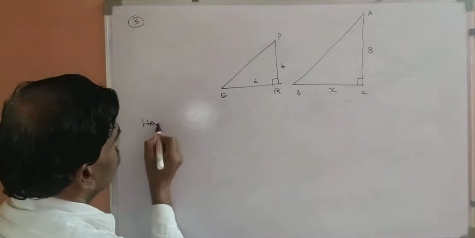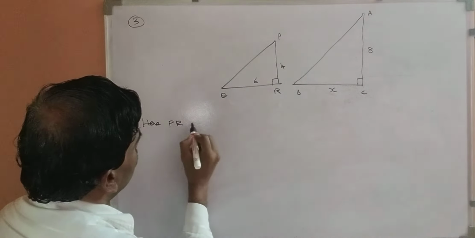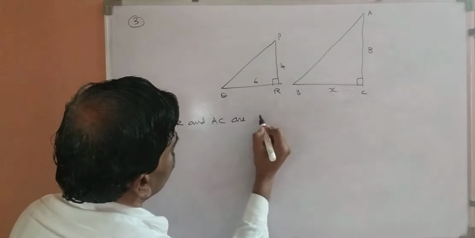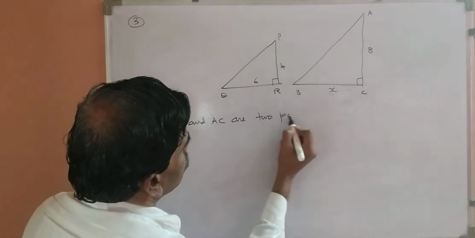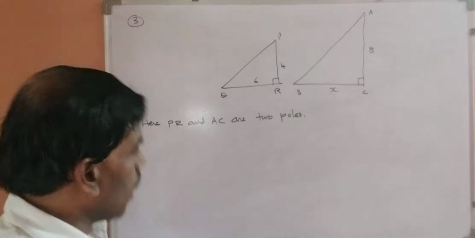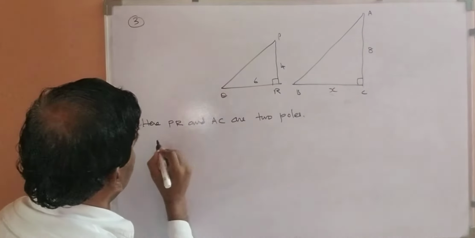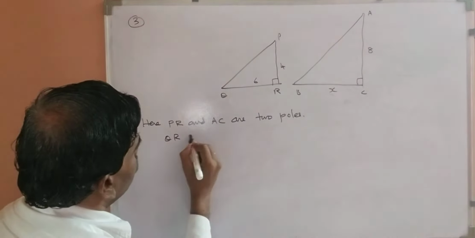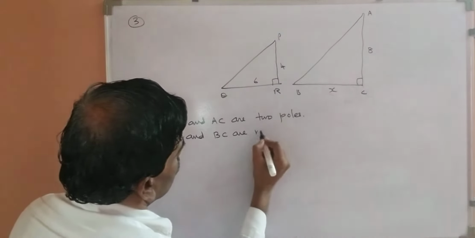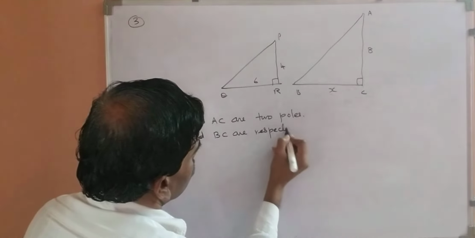Now here, solution. PR and AC are two poles. They have given these two as the poles. What about their shadows? QR and BC are the respective shadows.